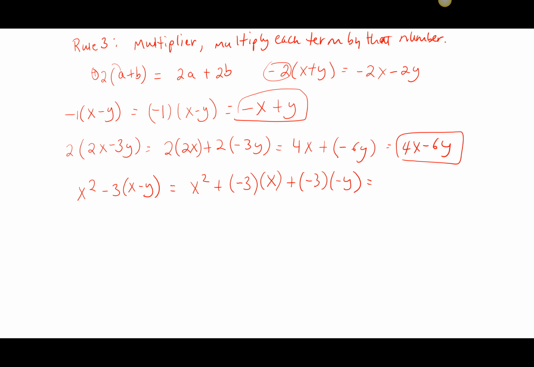And that way you can see exactly. But if you get better, you can just say minus 3x minus 3y. So that's going to be x squared minus 3x. You can drop that plus there. And then minus 3 times minus y. Remember, a negative times a negative is a positive. So that's going to be plus 3y. So it's going to be x squared minus 3x plus 3y.